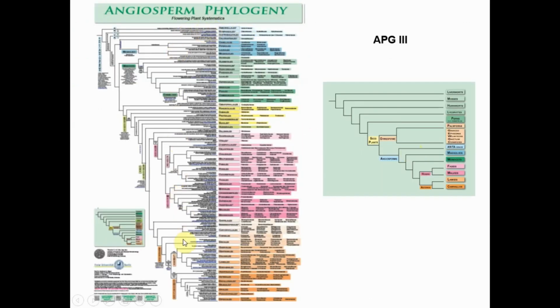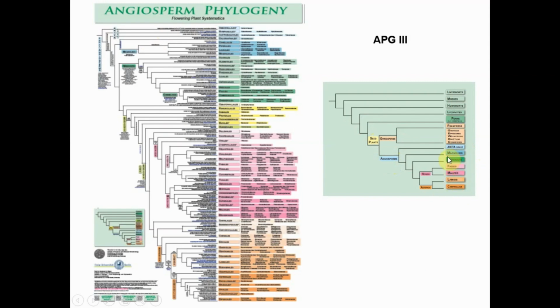This is the tree from APG3, and you can see here that it includes all of the flowering plants. Here's a simplified version where we have seed plants with gymnosperms sister to your angiosperms. And this is basically what they show.